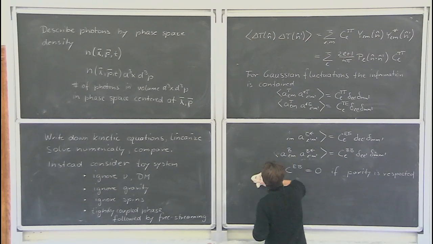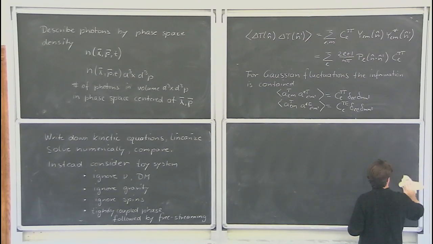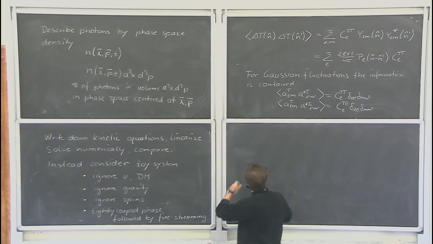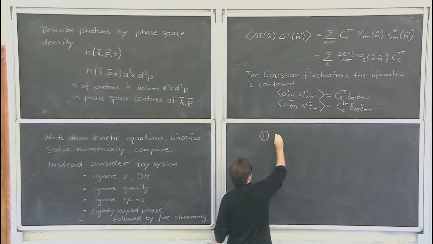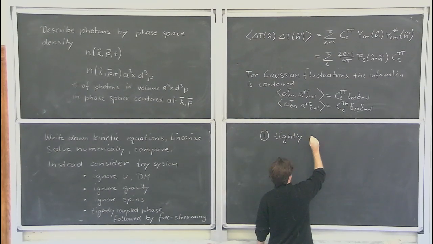And in our description, there will be two different versions. So we will have a tightly coupled early phase where the photons and electrons are scattering.